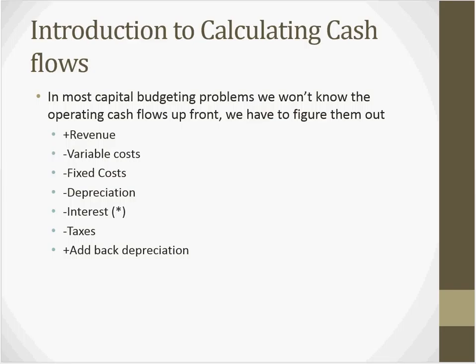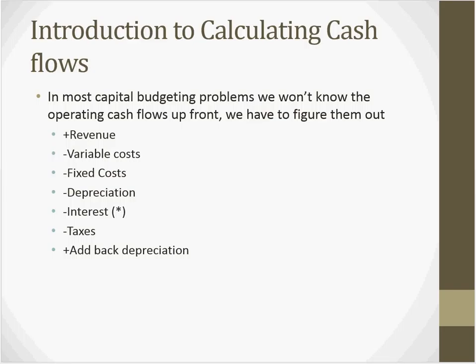And then the interest and the tax effective interest are calculated when considering the cost of capital. My preference is to not include interest, but since our book includes interest and the exercises will use interest, then we will subtract interest for this class.